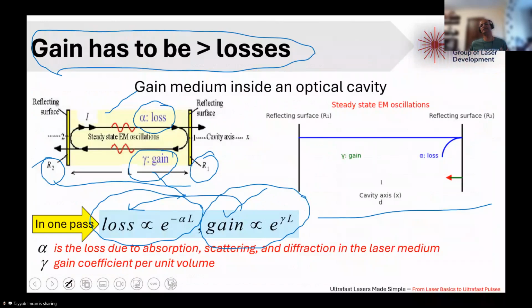There are two mirrors, so the photons are moving to and fro. So we are in general saying that there are some losses and there is some gain. Even in a normal case, even if the mirror is 100% reflecting, there is some absorption as well. So there are losses.